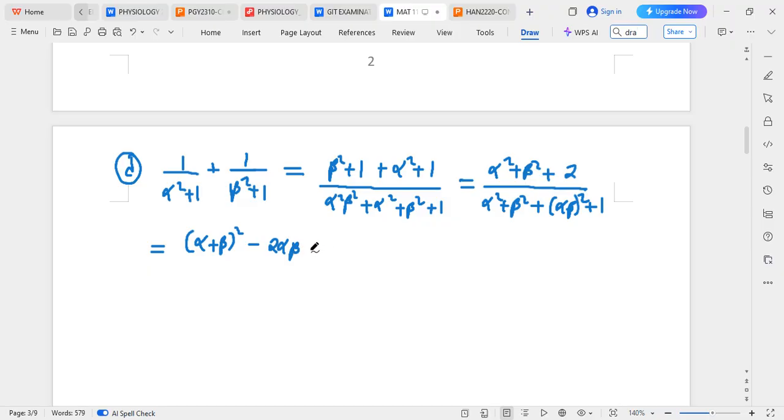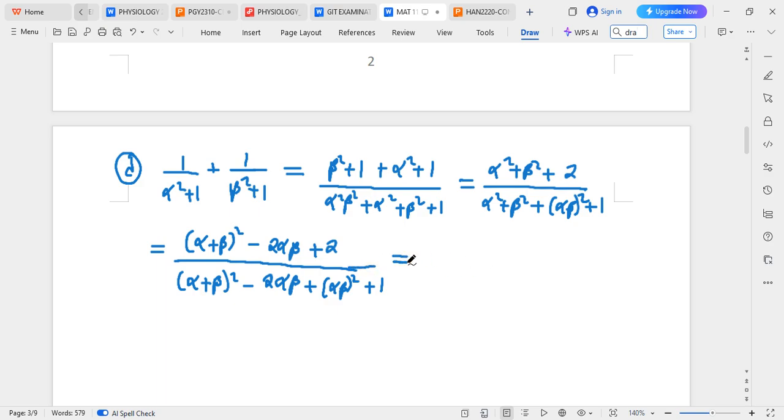Okay, and then I'll write plus a 2 at the end. In the denominator also, where there's alpha squared plus beta squared, I'm gonna put alpha plus beta squared minus 2 alpha beta. Okay, and then remember we have got plus alpha beta squared plus 1.